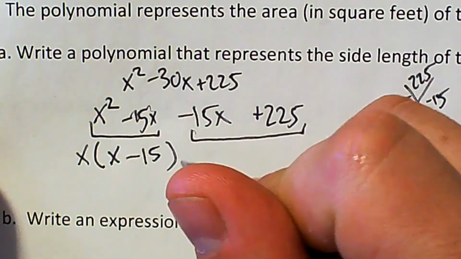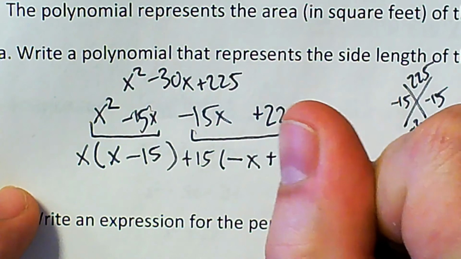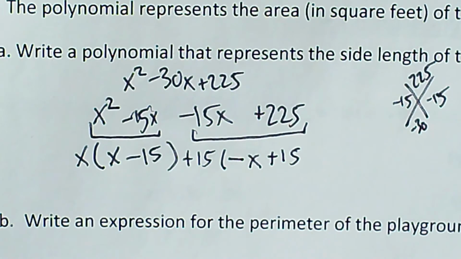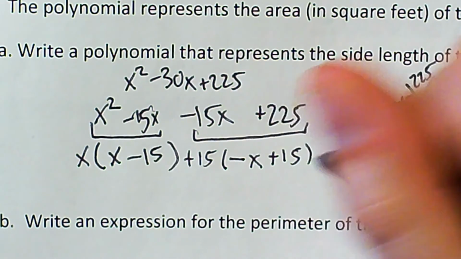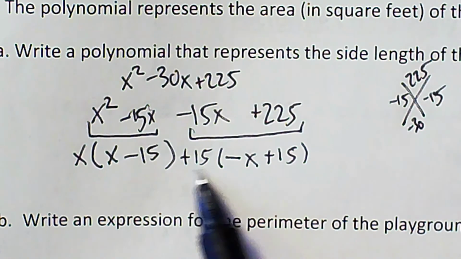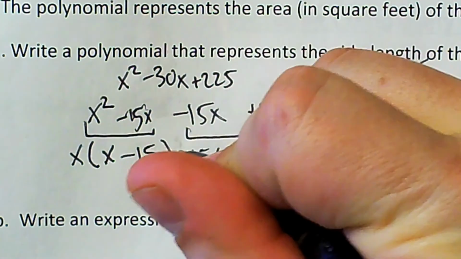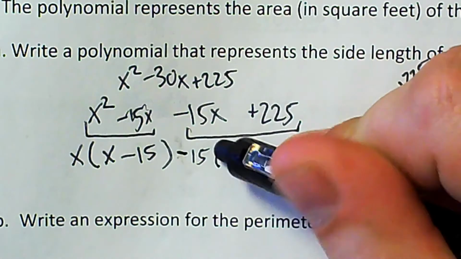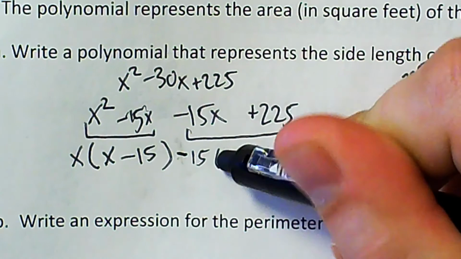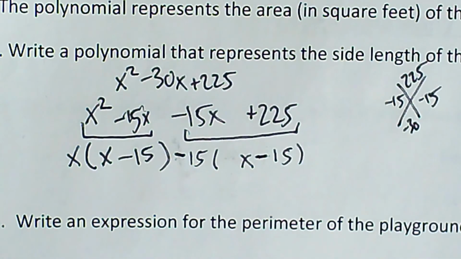And if I factor that out, negative x plus 15. So how can I fix that? Yeah, instead of factoring out a 15, what should I have factored out? Yeah, minus 15. So this will become plus, and this will become minus. And this is where we stop and make sure we're doing things correctly, which it looks like we are.